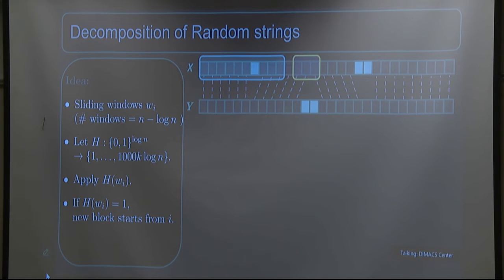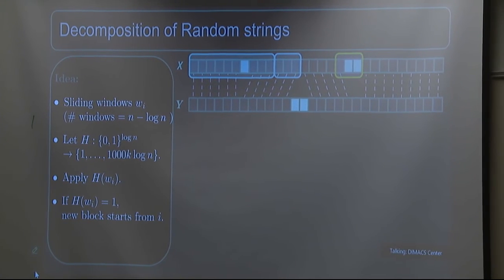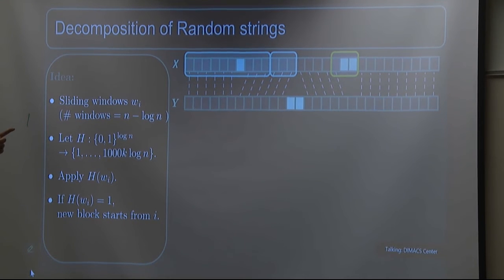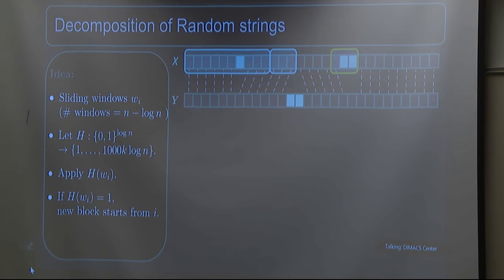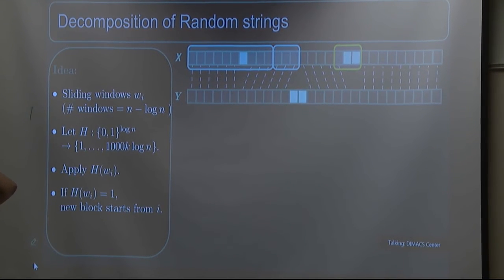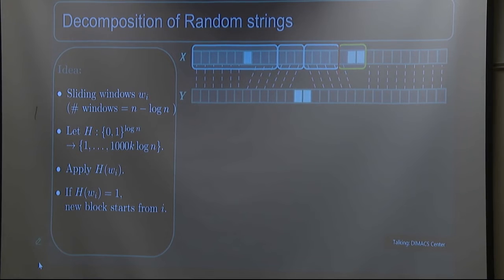One thing we have to be careful about is that there might be a case where the window is going through some edit places and still it is hashed to 1. These are the bad instances that we don't want. I will mark it as red, and we will show that this happens with very small probability.